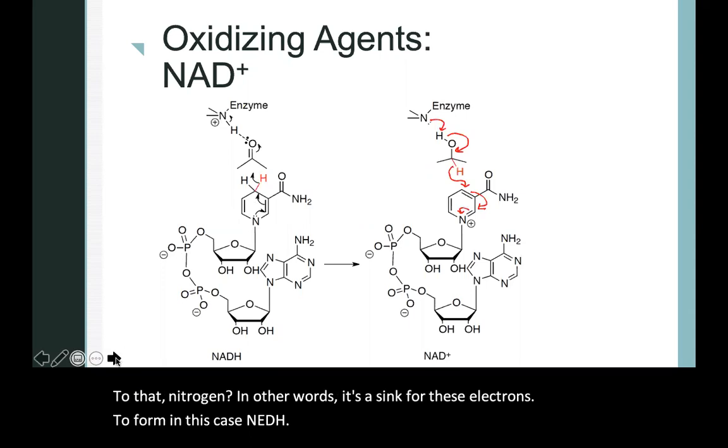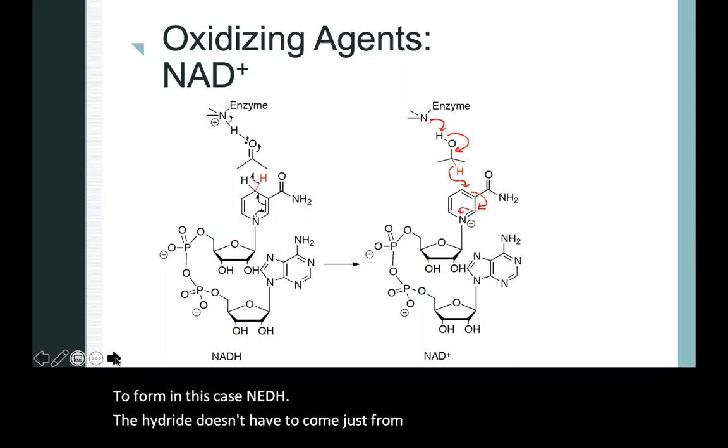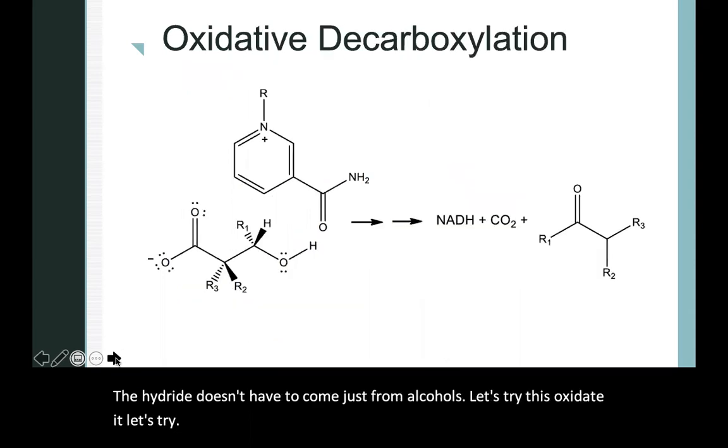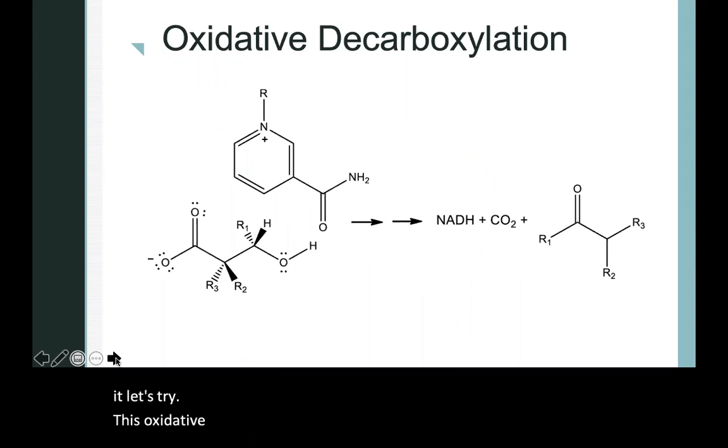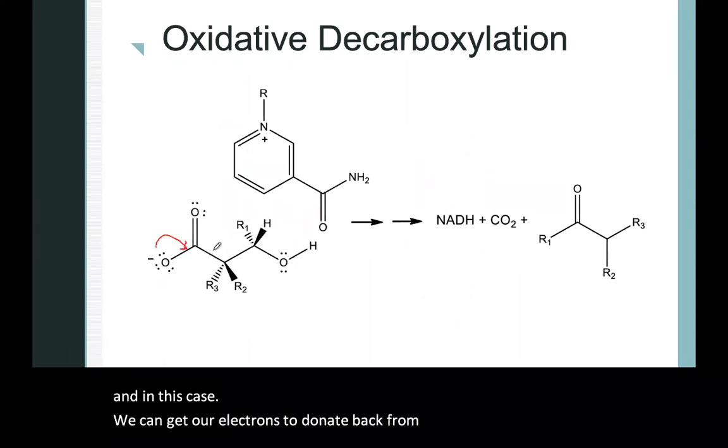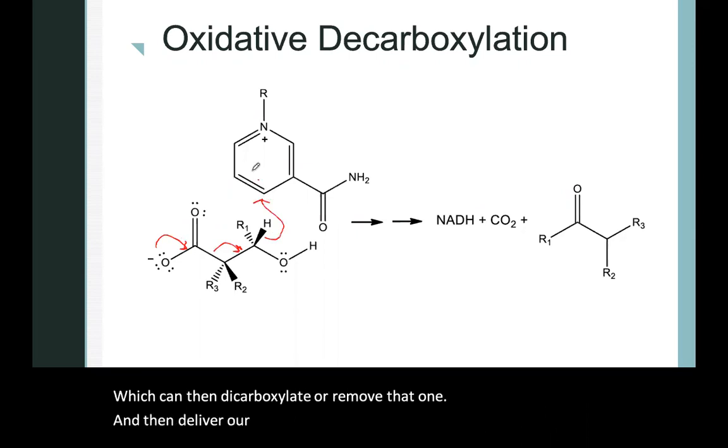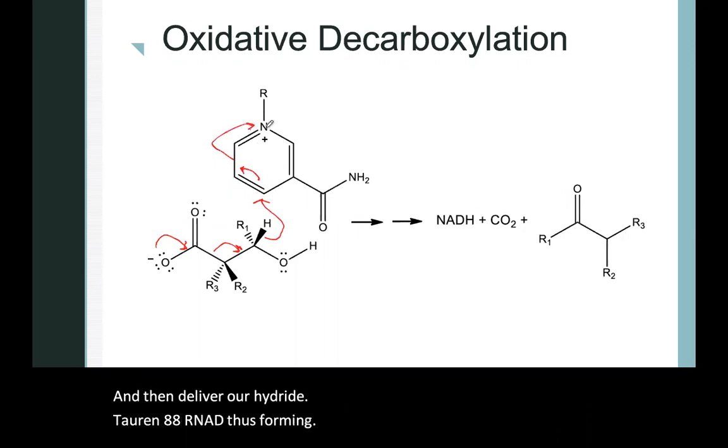The hydride doesn't have to come just from alcohols. Let's try this oxidative decarboxylation. In this case, we can get our electrons to donate back from our negatively charged carboxylate, which can then decarboxylate or remove that one, and then deliver our hydride to our NAD, thus forming NADH.